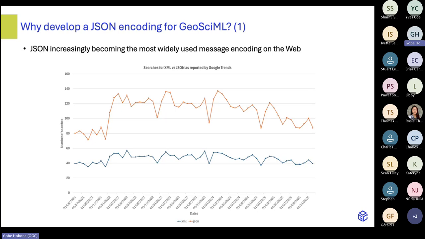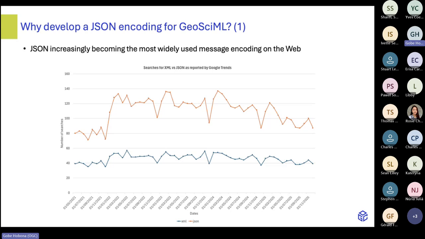The orange graph is JSON, the number of queries related to JSON that have been run on Google in that period of time. The one at the bottom, in bluish green, is XML, the number of queries related to XML that have been run on Google.